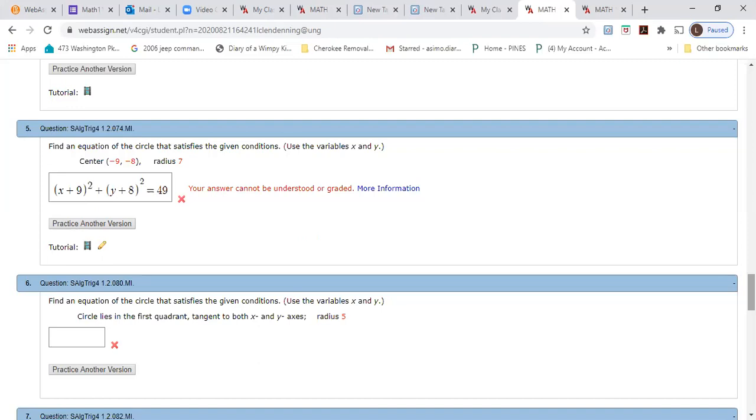Because it says your answer cannot be understood or graded for that one. How are we supposed to know whether we did it right and it's just the computer's wrong, or we actually did it wrong? You can ask me either through email, or on the Zoom. Otherwise, I've got no real way to go through and figure out what mistakes they've made. But we definitely found one.